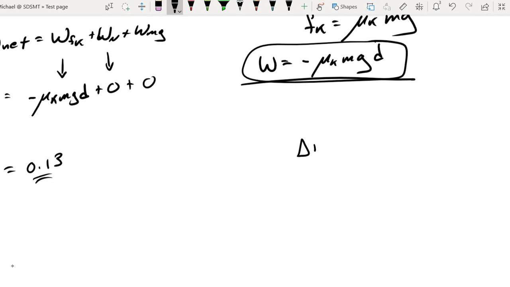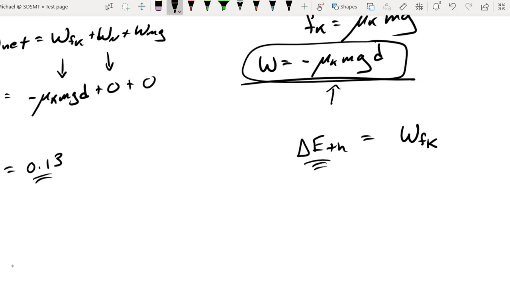The change in the energy for the system, we can relate that to the work that's done by friction, except that friction is always going to do negative work, hence the negative sign up here.